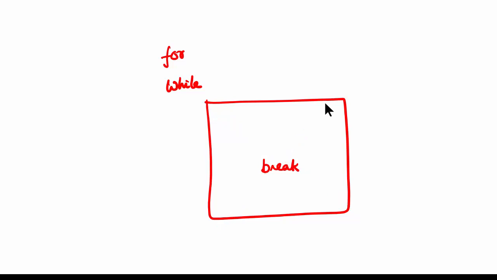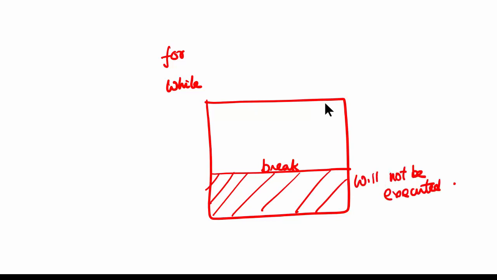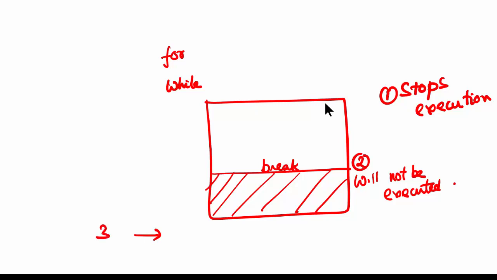And number two, anything below the break statement will not be executed. And the program execution comes to the next statement after the for or while loop. So first thing is it stops execution. Second thing is everything below the break statement will not be executed. The third thing is execution continues after the loop.